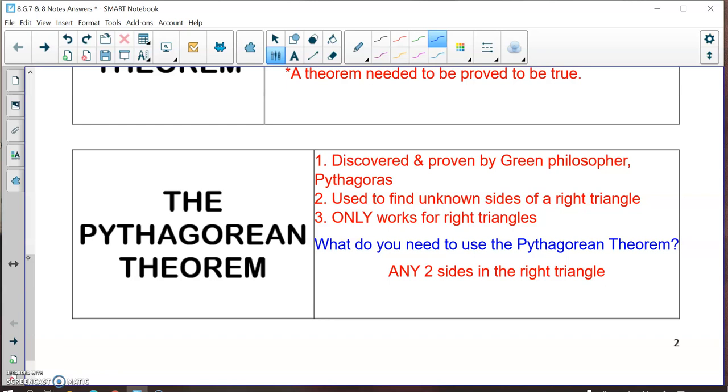Now, what do we use the Pythagorean theorem for? We use the Pythagorean theorem to find unknown side lengths of a right triangle. And this theorem only works for right triangles. In order to use the Pythagorean theorem, we need to be given any two sides in our triangle.